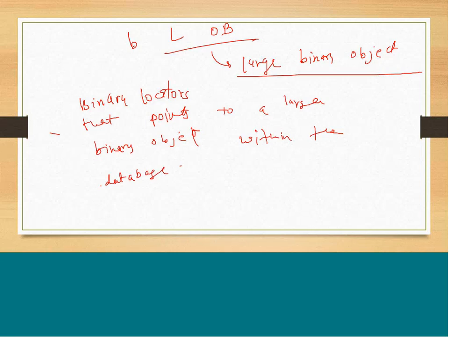It points to a large binary object within the database. Same thing for CLOB and NCLOB. CLOB will be the large character objects within the database, and NCLOB will be national character objects, national being a standard like ANSI.